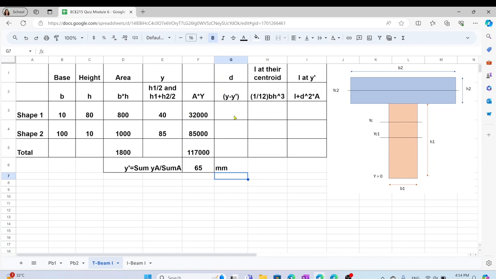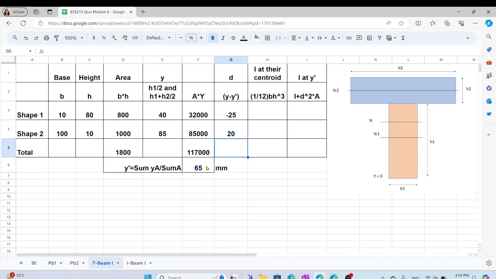Now I need the distance between the y of each element's centroid minus the y of the composite element. So that will be the y minus this one. Enter. And that will be this y minus this one.